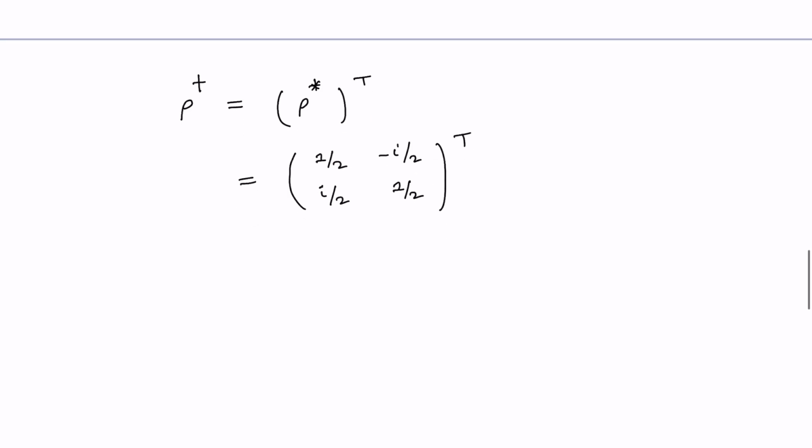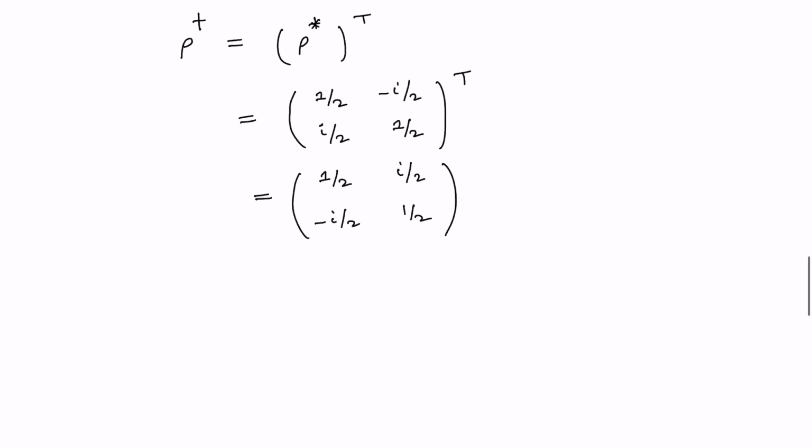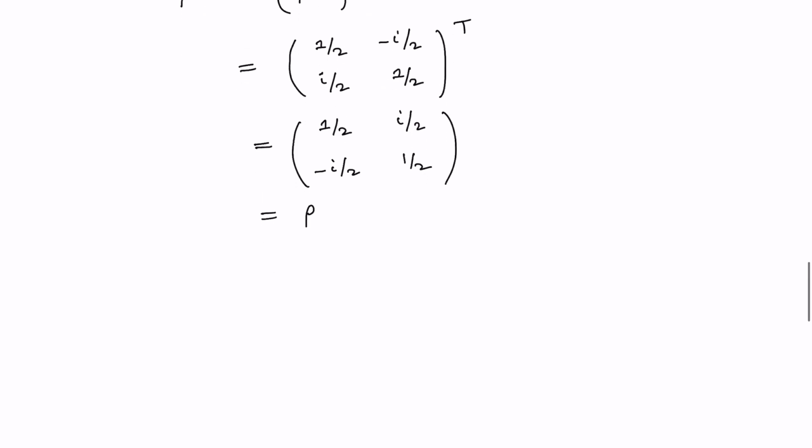Then if you take the transpose, rows become columns and columns become rows. So you have 1/2 here, -i/2, i/2, 1/2, and this is exactly the same as the density matrix rho. So that means rho is Hermitian. So the first property is satisfied by the given matrix.